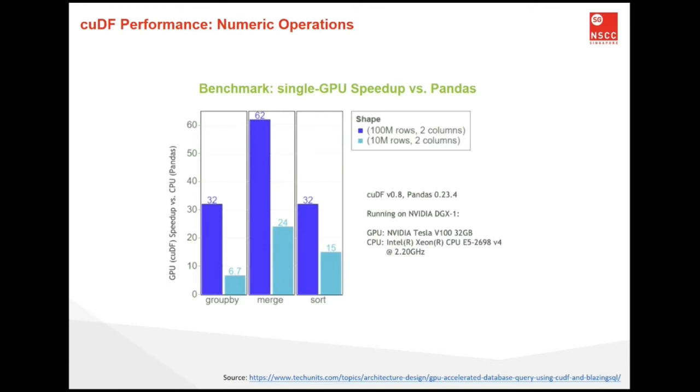They are all double precision floats or 64-bit floats, and you can see speedups from 30 to 60 times on large data frames. This is for group by, merge, which is like a join, and sort operations. And it is running on NVIDIA DGX-1, which is a server that has 8 Tesla GPUs. But here we are just using one of them for this benchmark, and it has Intel Xeon CPUs.